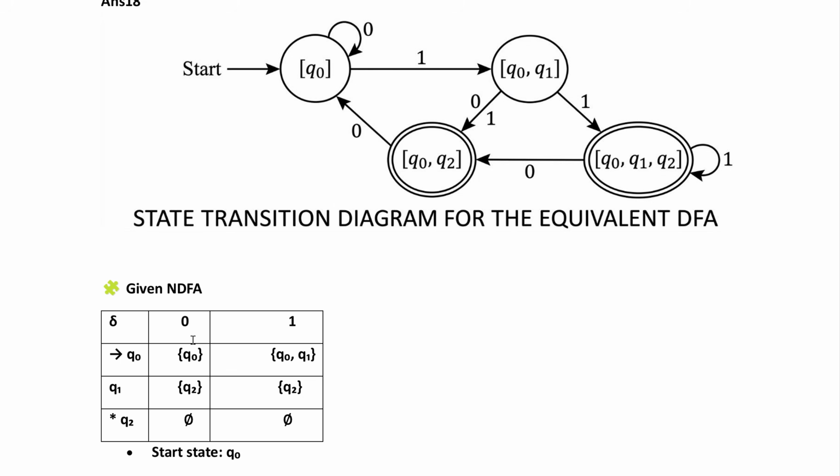When we apply 0 to Q1, we get Q2. So we will be moving to a combined state Q0, Q2.